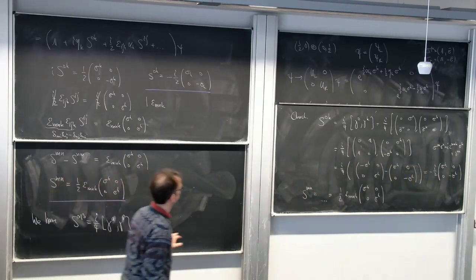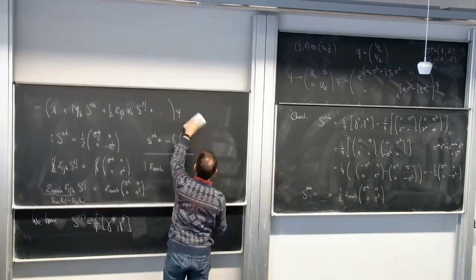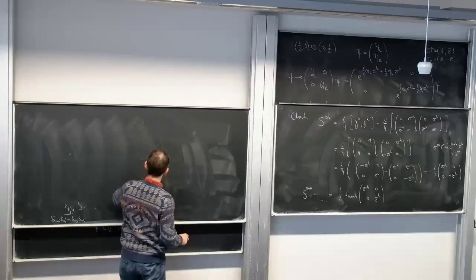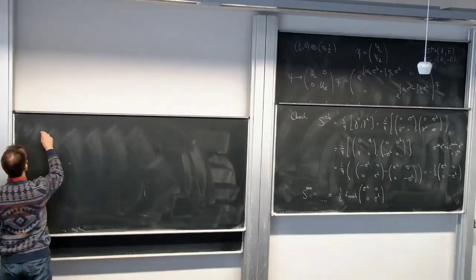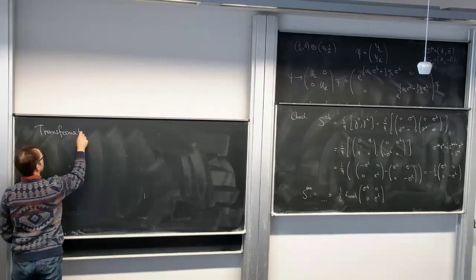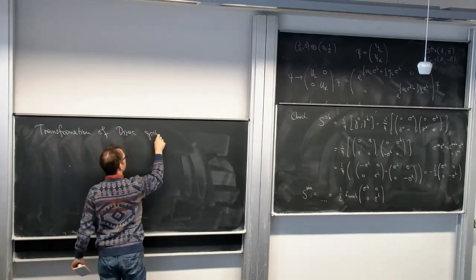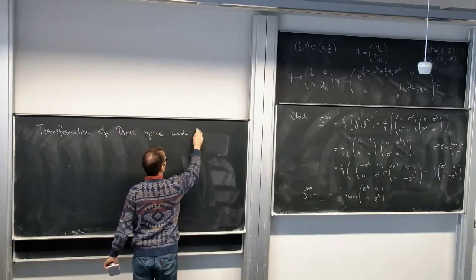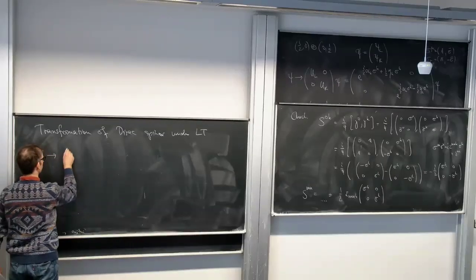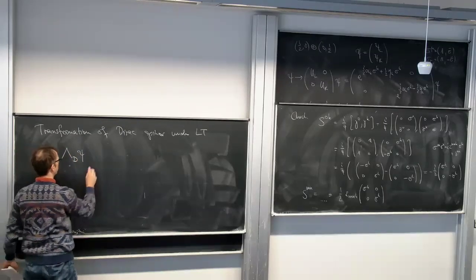The upshot is going on this board. The Dirac spinor transforms under a Lorentz transformation as psi goes to lambda d psi.